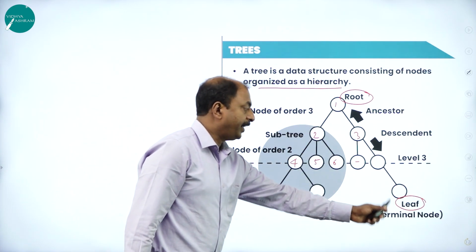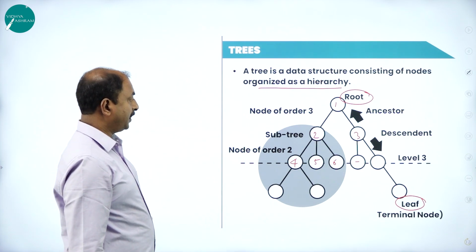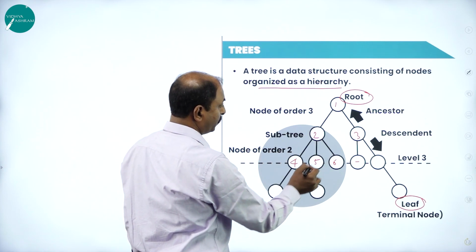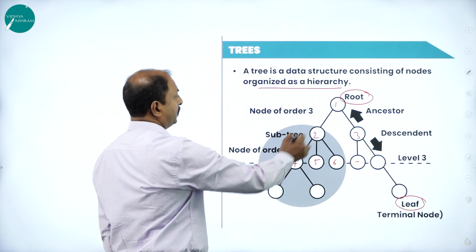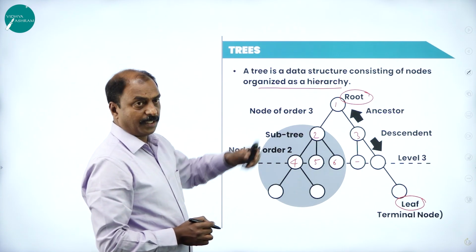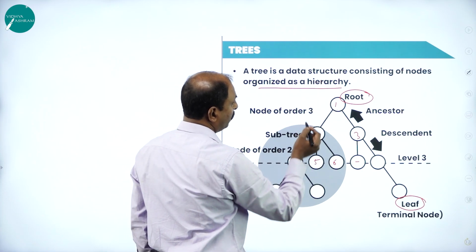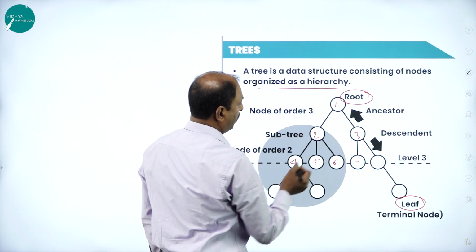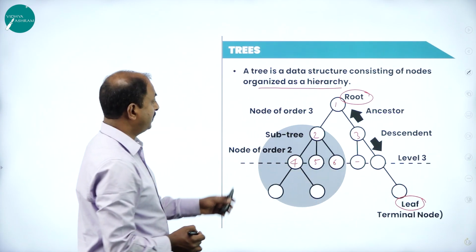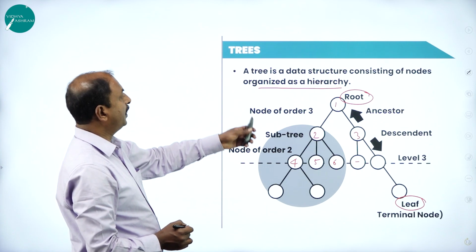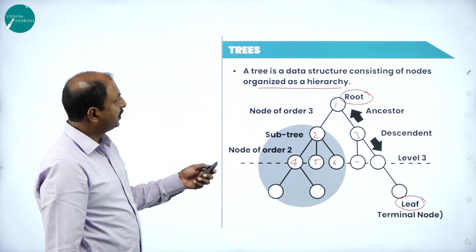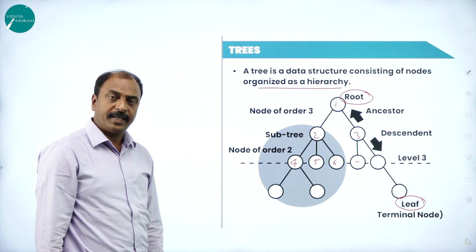If you observe here, this is level 1, this is level 2, and this is level 3. This is called the order of the tree. Here it is order 3, because from the root node we have the first level, then the second level, and then level 3. That is the meaning of order 3. This is an example of a tree data structure.